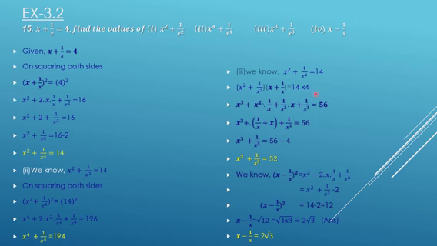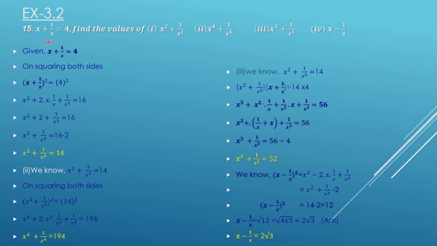Similarly, I've multiplied the numbers also. x square plus 1 by x square was 14, so it's here, and x plus 1 by x is 4. So I multiplied 14 into 4. Like I've multiplied the terms on both the sides, both on the right hand side as well as on the left hand side of the equal to. So then you're left with x cube plus 1 by x plus x plus 1 by x cube.